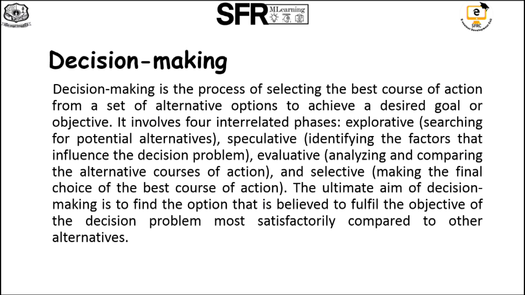Number two, speculative, that is identifying the factors that influence the decision problem. Number three, evaluative, that is analyzing and comparing the alternative courses of action. Then last one is selective, which means making the final choice of the best course of action.